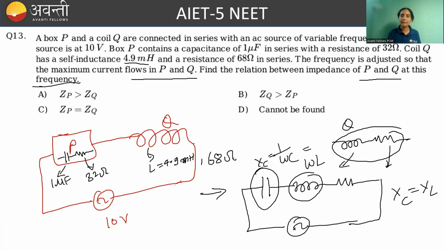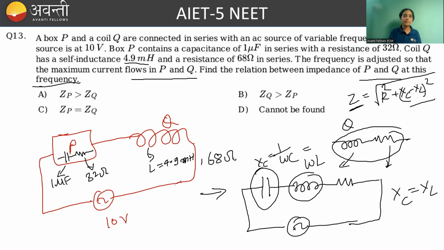Then only we will get maximum current, because for maximum current, the net reactance of the circuit needs to be small, and impedance Z is written as the square root of R square plus (XC minus XL) whole square. And this Z will be minimum if XC is equal to XL, because in that case, this term will reduce to 0.